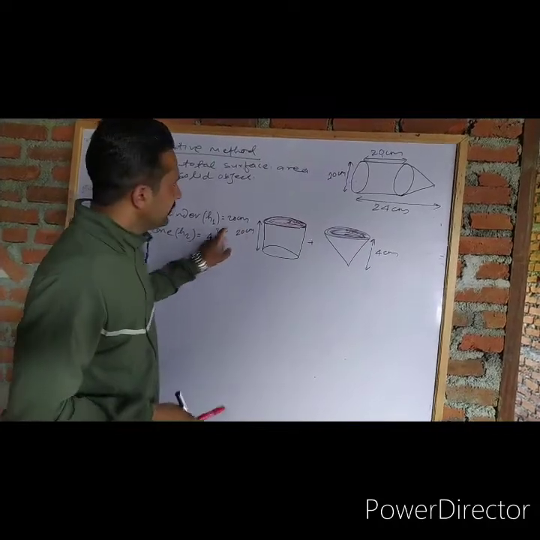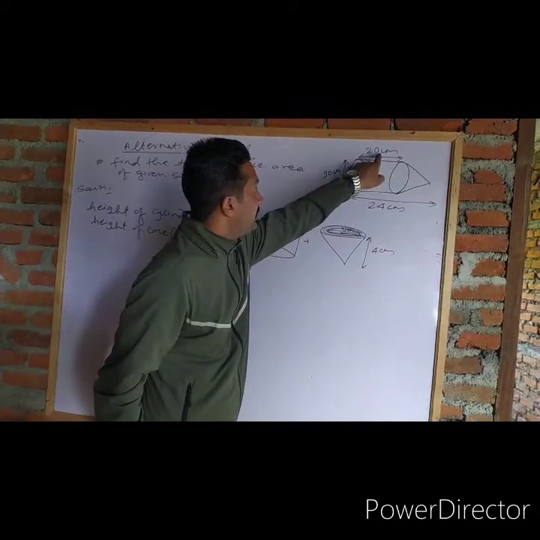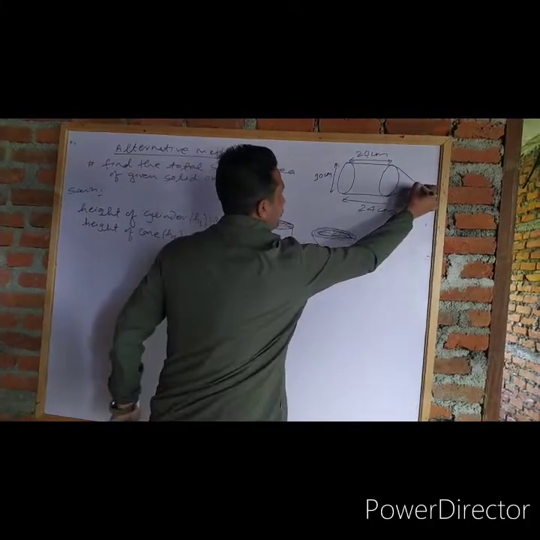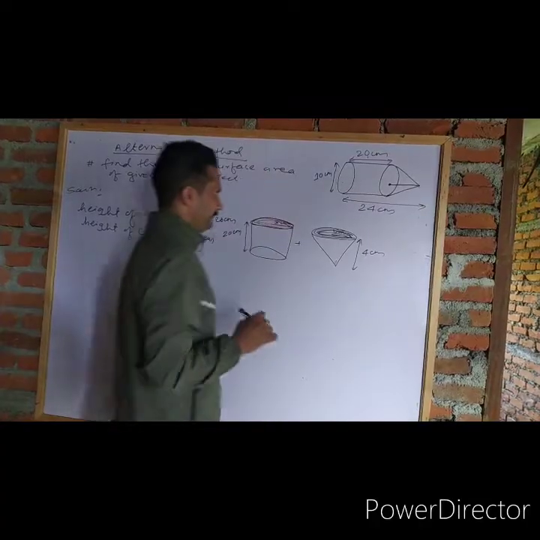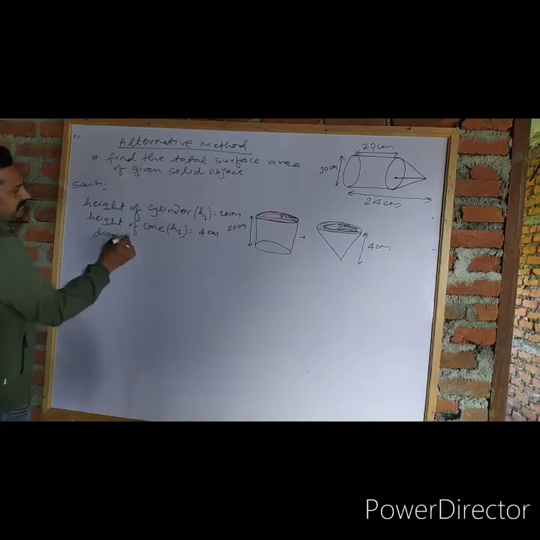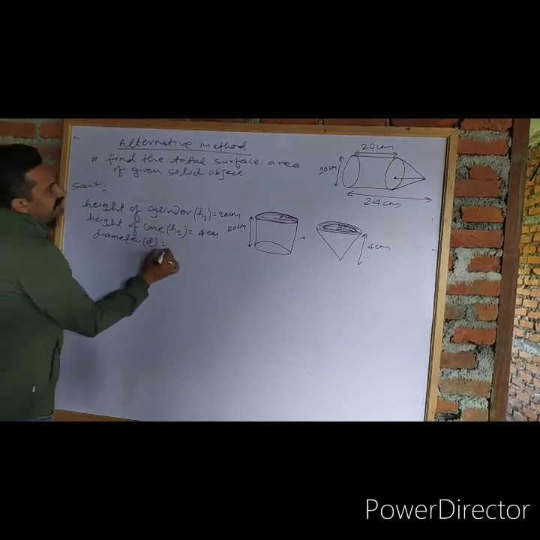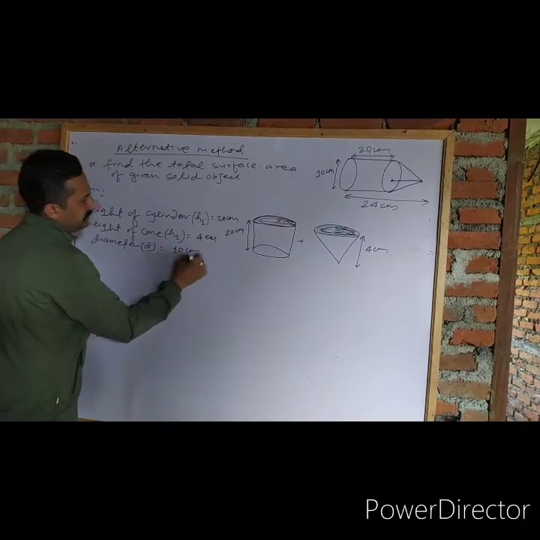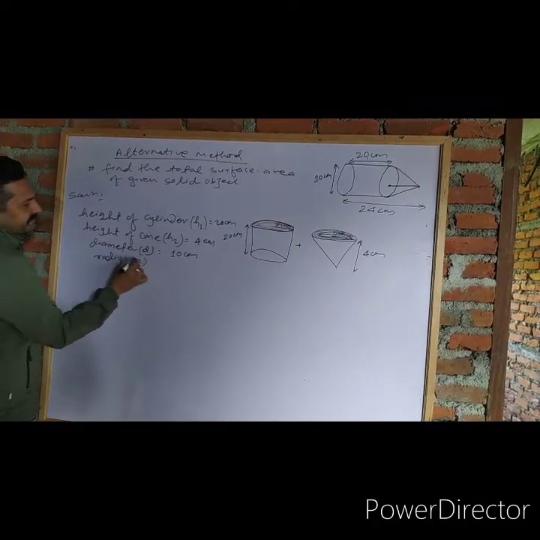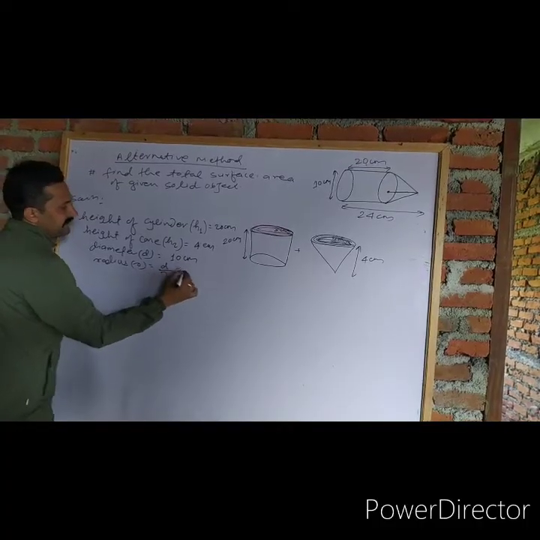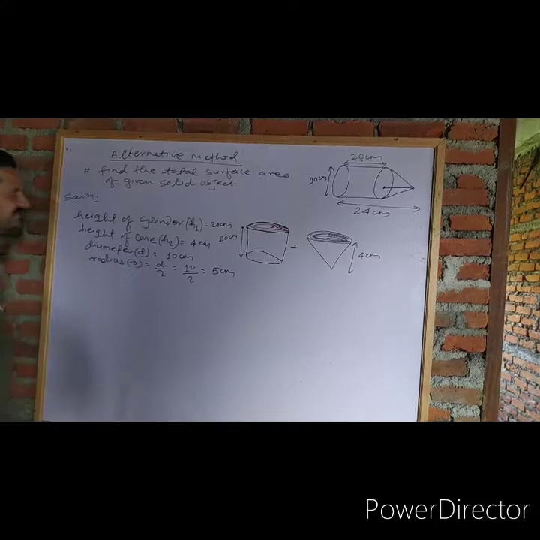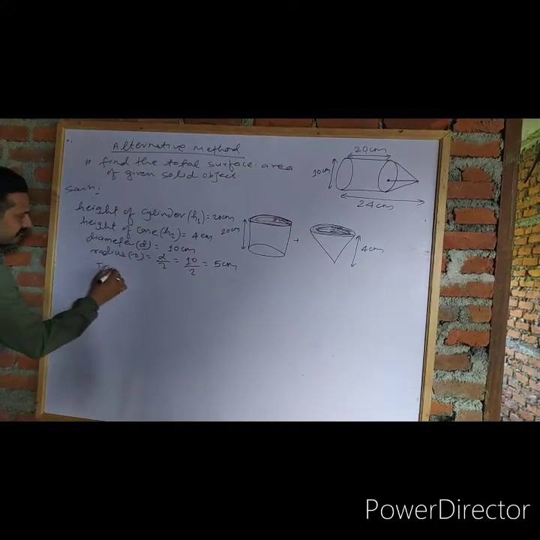How do we get 4 centimeter here? Subtract the height of cylinder from the height of total solid, that is the height of cone. And diameter D 10 centimeter. Radius r is diameter by 2, 10 by 2, 5 centimeter.